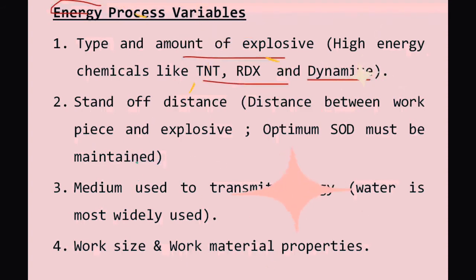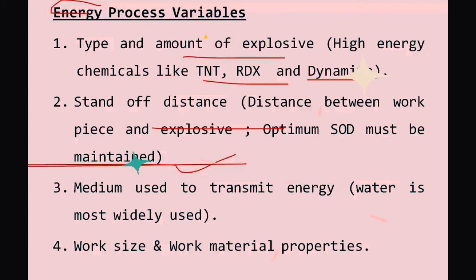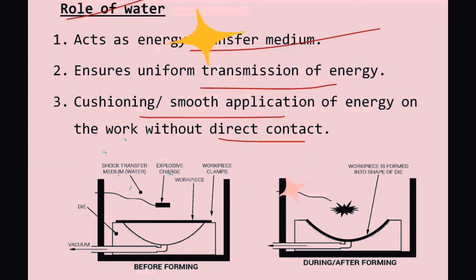Already I said the stand-off distance between the work and the explosives. The optimum stand-off distance must be maintained. This is very important. The medium used to transmit is generally water. Then work size and work material properties. These are the variables of this process.